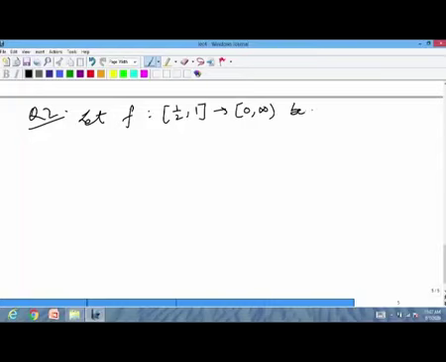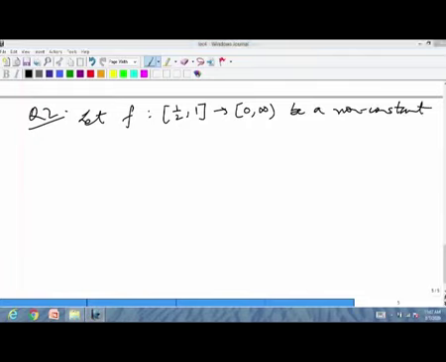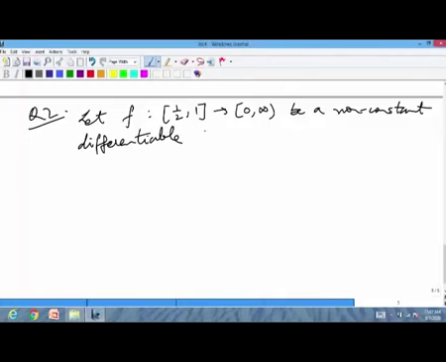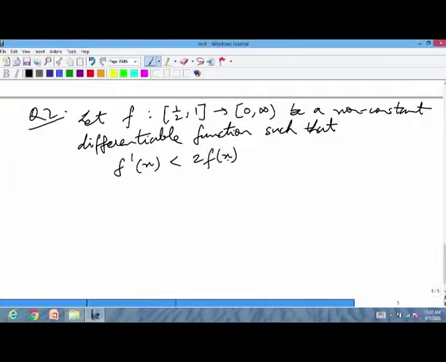Let this be a non-constant differentiable function such that f prime of x is strictly less than 2 times f of x and f at half is equal to 1.